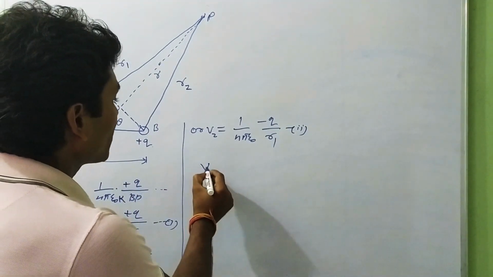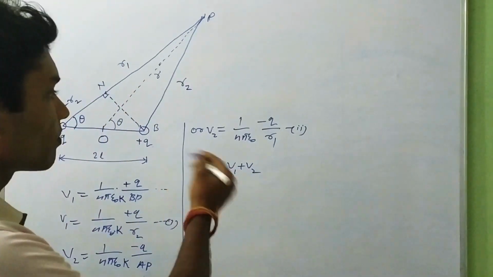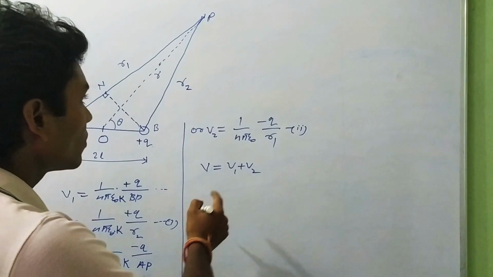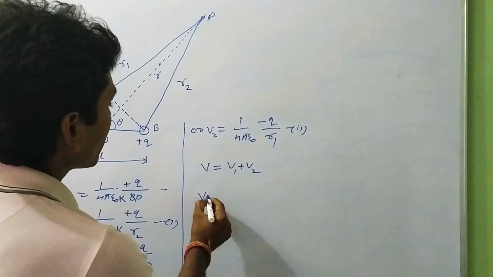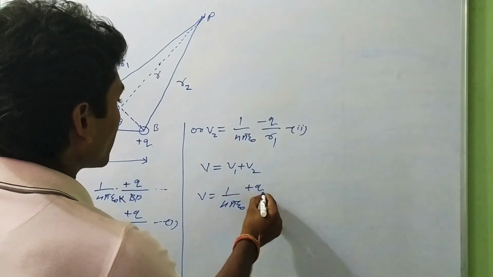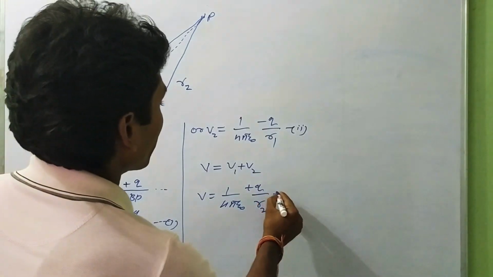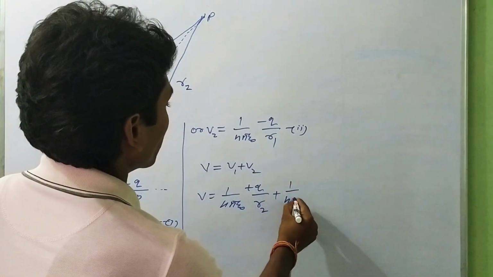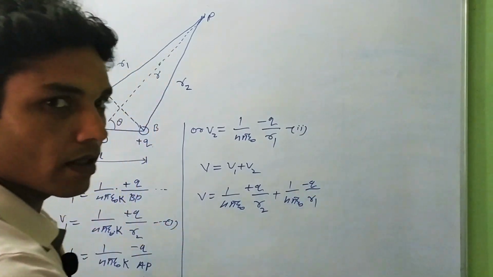So V equal to V1 plus V2. On putting the values of V1 and V2 from equation first and equation second, we get V equal to 1 upon 4 pi epsilon naught plus Q upon R2, and plus 1 upon 4 pi epsilon naught minus Q upon R1.